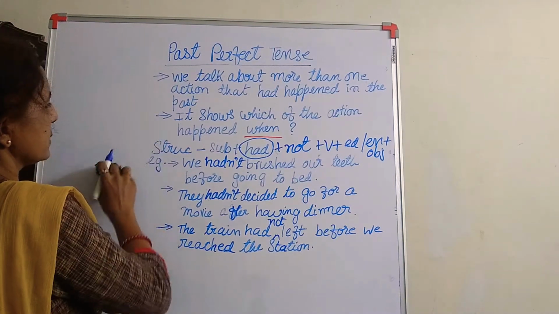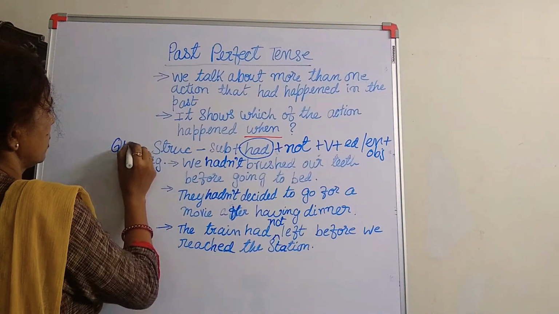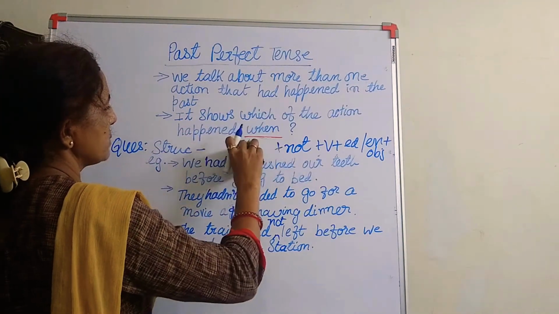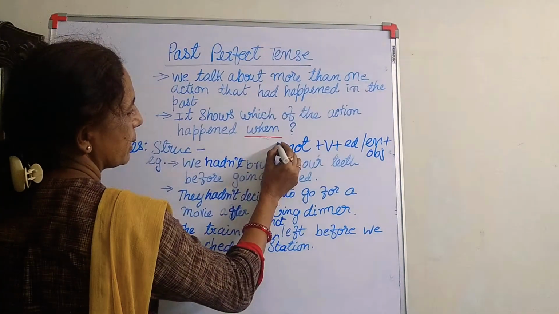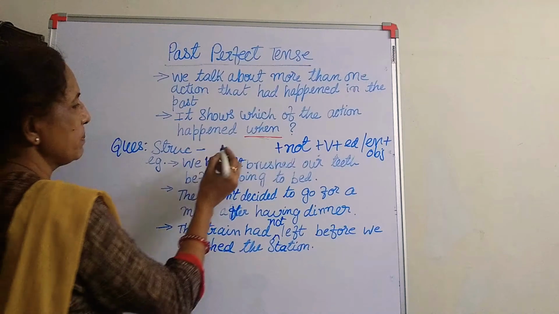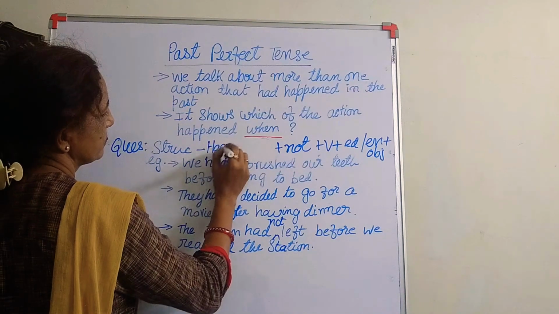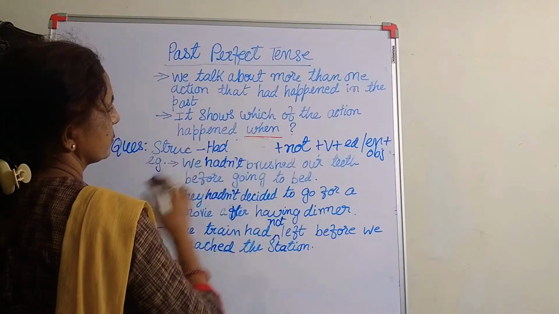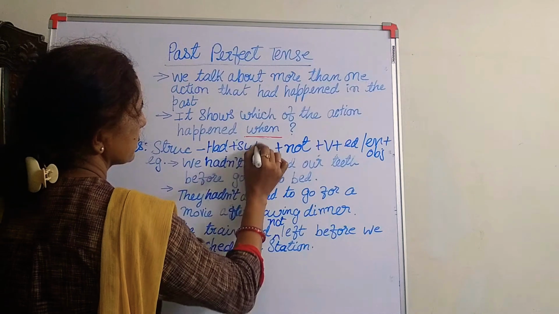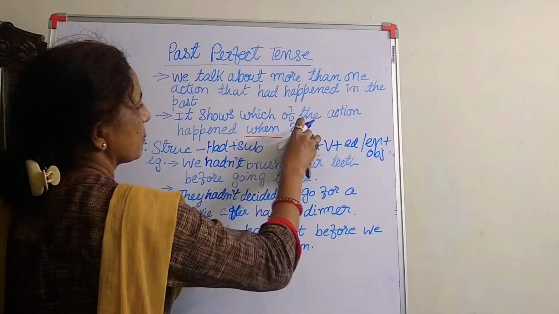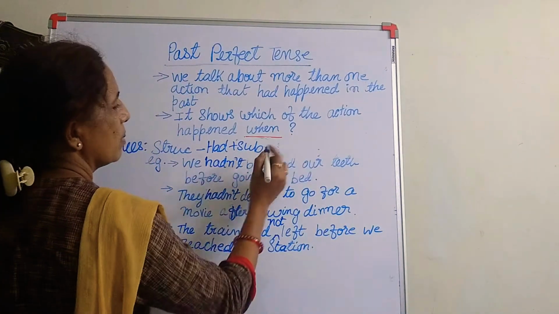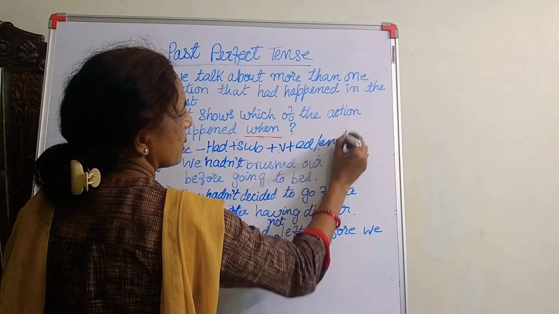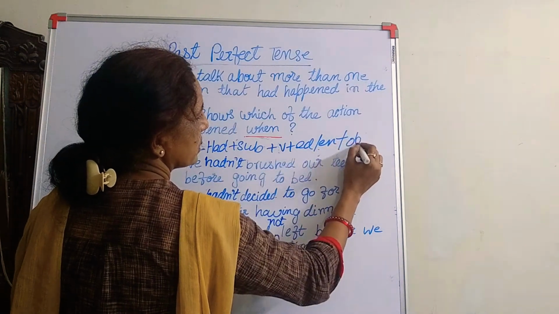Let's see for questions. For questions, the structure will be changed, and I'm just showing it here itself to spare the time. Had plus subject plus verb plus ed or en plus the object.